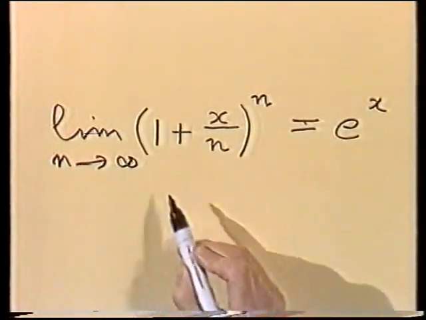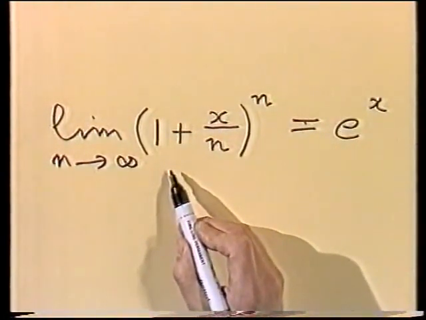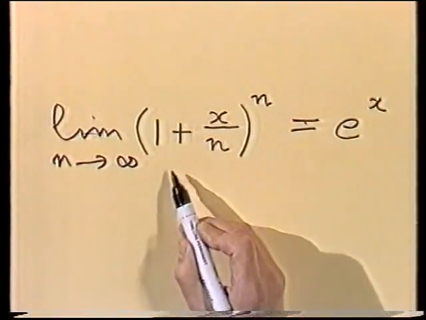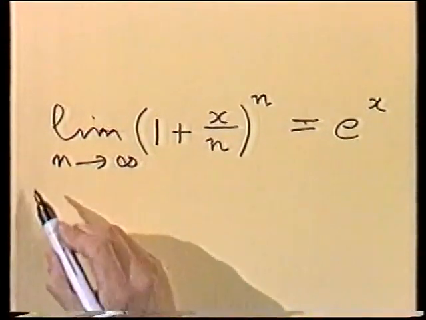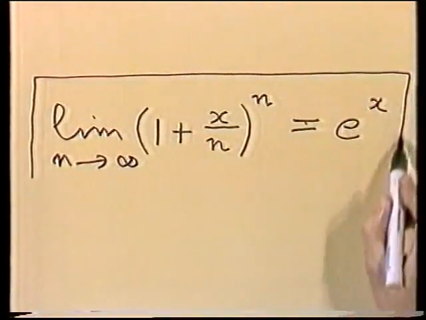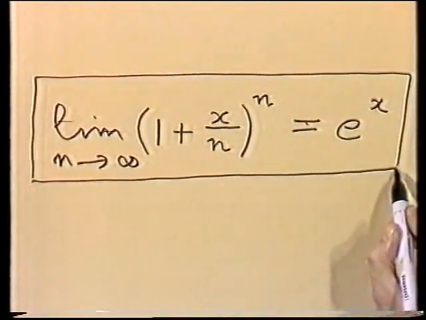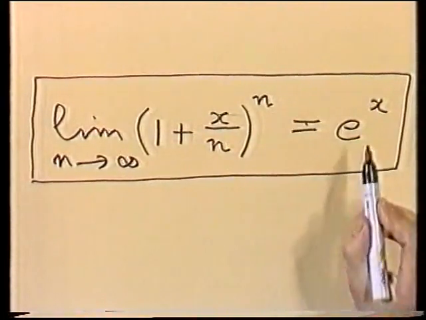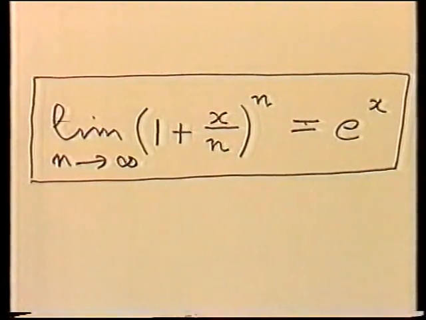However, we can still prove that this limit exists, just as we did when x is 1. That suggests that we use this equation to define e to the x when x is irrational, because we know that it's true when x is rational.